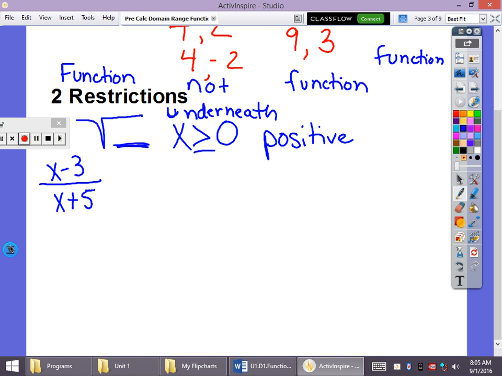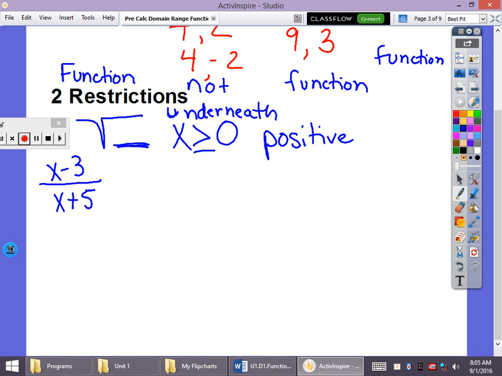There's a big no-no. What's a big no-no with fractions? Oh, you're going to see some of those this year. Okay.